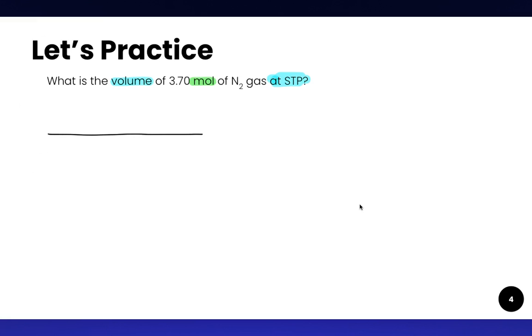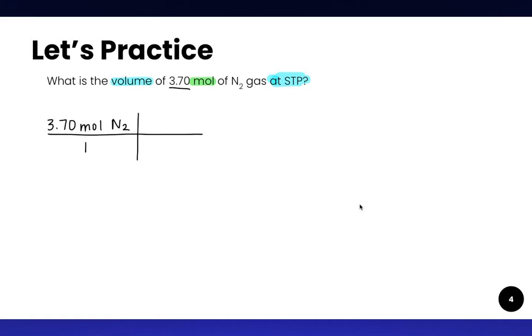And we're going to write down what we know, which is 3.70 moles of nitrogen gas. That goes over 1. And for every 1 mole, there are 22.4 liters.